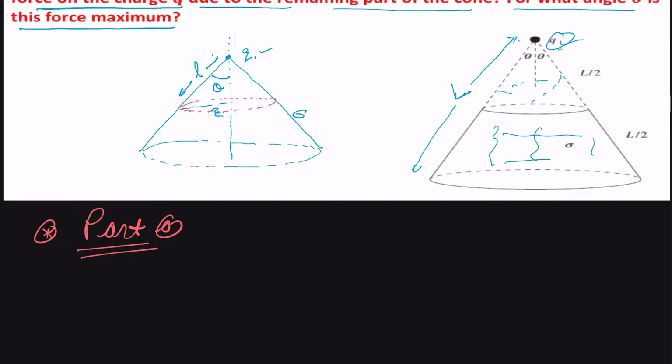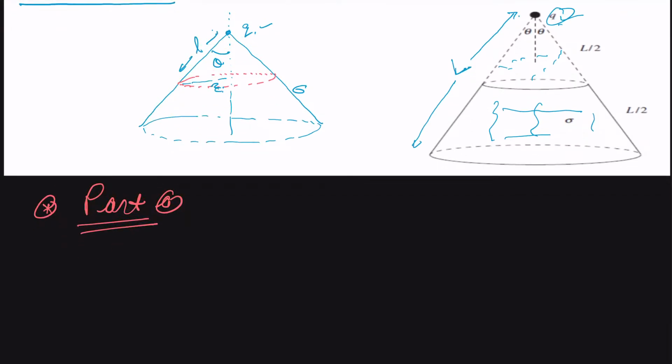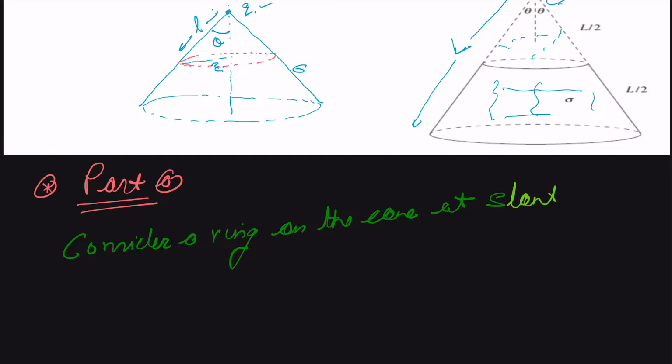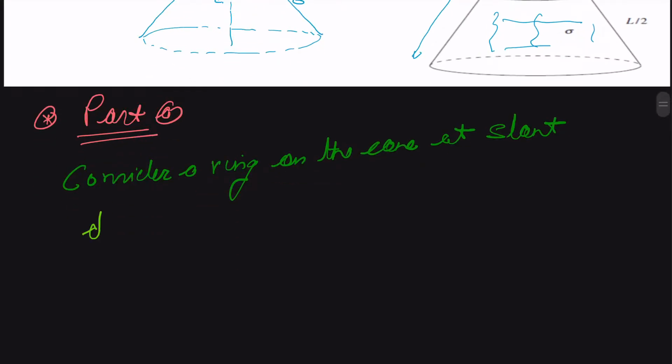Therefore let us write it out. So we say that consider a ring on the cone at slant distance L. At slant distance L. Okay.